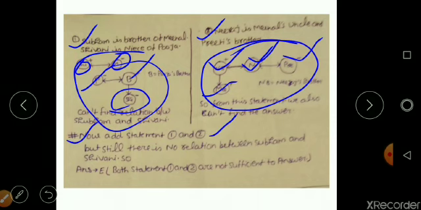When we add both the statements, still we can't find the answer. Why? Because there is no relation between Shivani and Subham that we can say clearly from both the diagrams. So what will be the answer? The answer will be option E, that is, both statement first and statement second together are not sufficient to give the answer. So this was the first question.